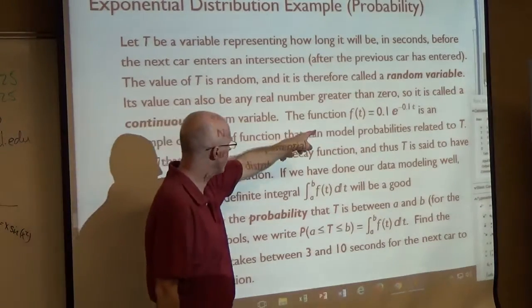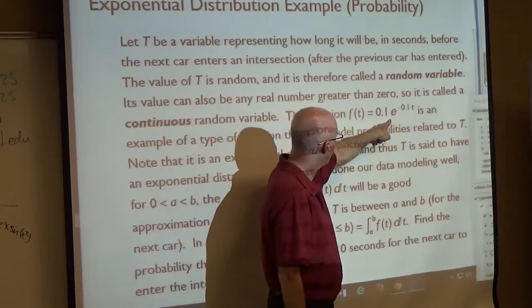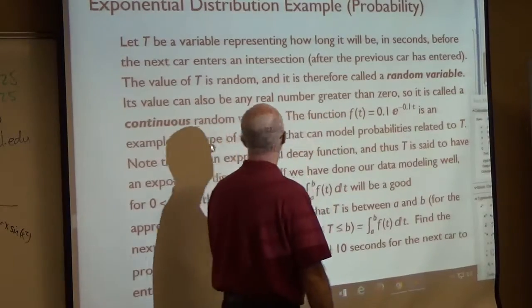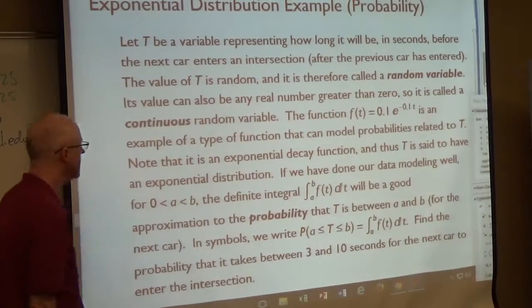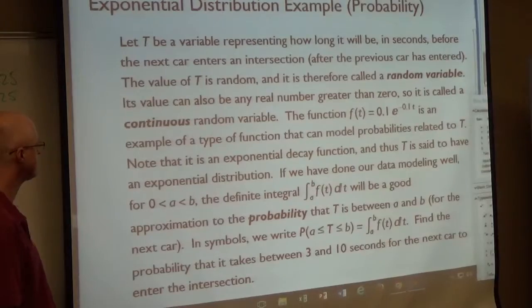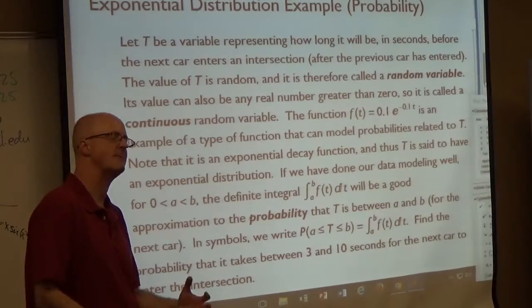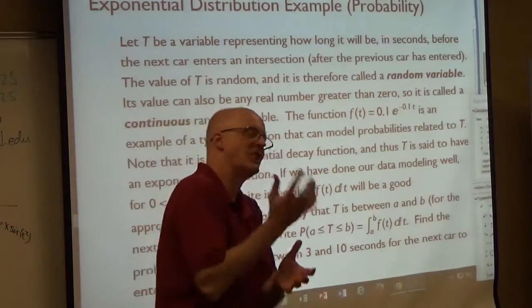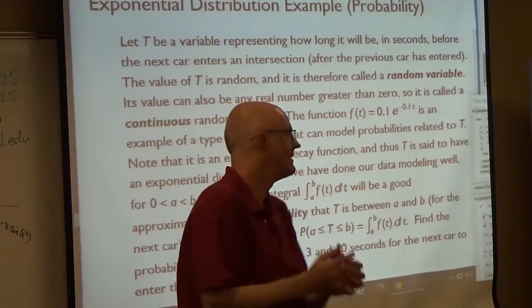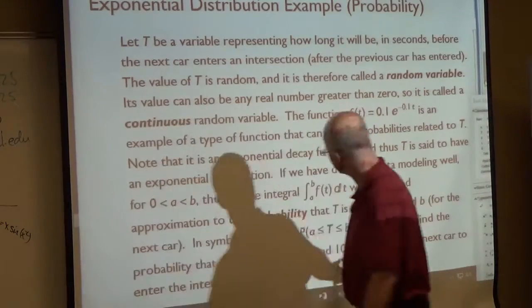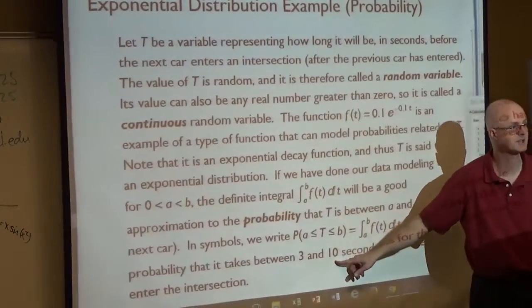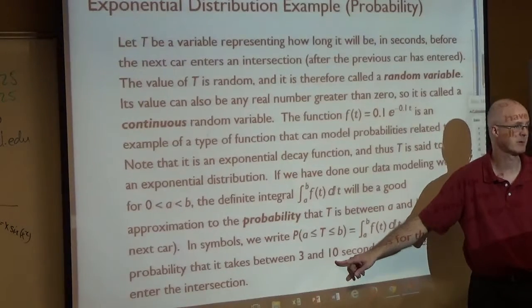This function, little f of t, 0.1 e to the negative 0.1 t, is an example of a type of function that can model probabilities related to t. For example, I might wonder the probability, the chance, that it's going to take between 3 and 10 seconds for the next car to go through the intersection. That's my ultimate question.